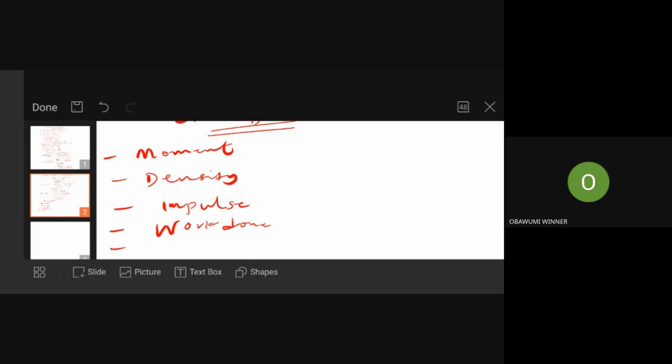What other quantity? Let's make it 5. Moment, density, impulse, work done. Someone should help me with one quantity so I can make it 5. So you tell me the dimension for each and every one of them.